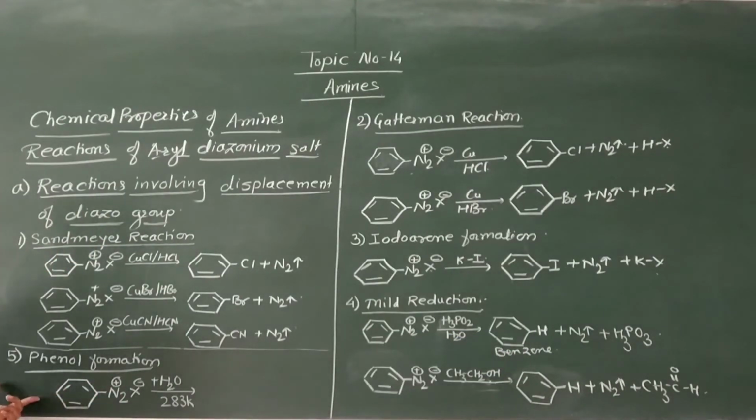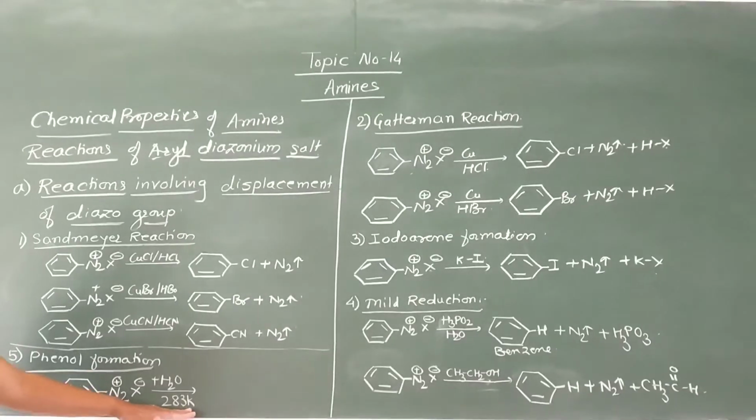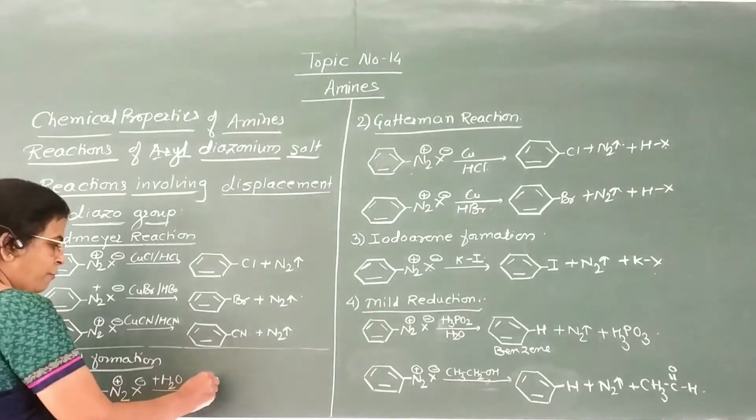Now next, fifth reaction, phenol formation. Now this reaction we have seen in the preparation of phenol. When this aryl diazonium halide undergoes hydrolysis at 283 Kelvin temperature, you will get phenol.